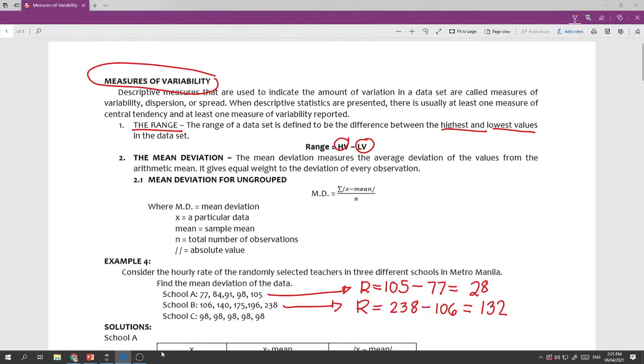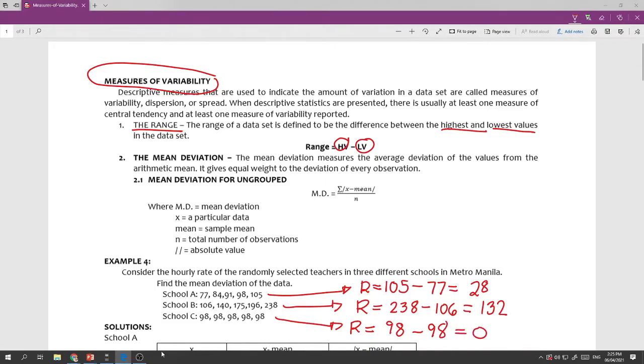Okay, let's have the last one. School C. What is the range here? What is the highest value? 98 minus 98. That's simply 0.